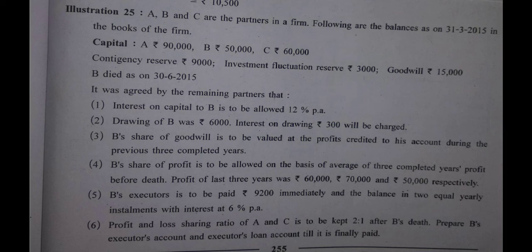If you can see the second line in adjustment number 4, profit of last 3 years was 60,000, 70,000 and 50,000 respectively.